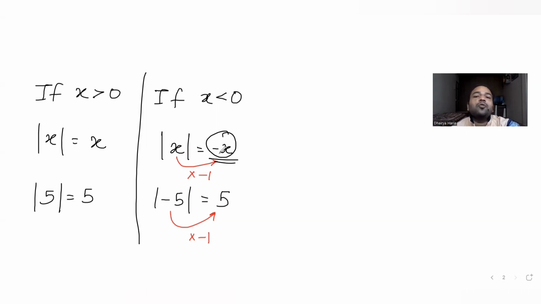Now don't get confused: we said mod of anything always gives a positive value, so why are we getting -x here? Understand that -x denotes minus of x, and x which is present is also negative. So minus of a negative value makes it totally positive. That's why you're getting a positive answer only. You're just seeing that minus sign, so you feel that it is negative, but it's not negative. The answer actually becomes positive.